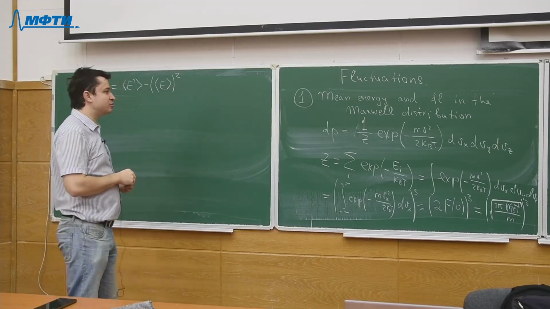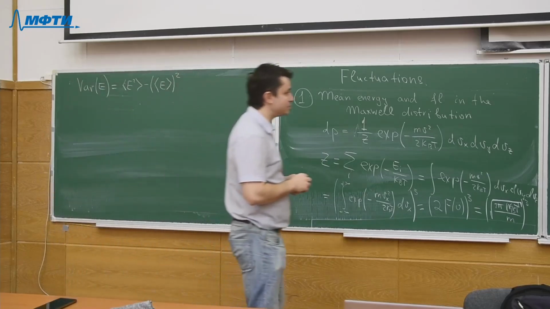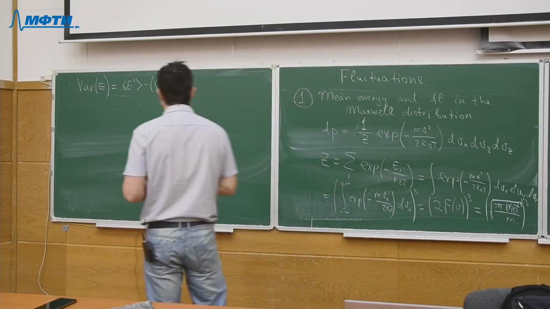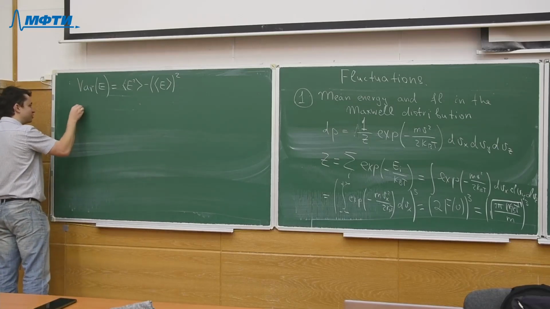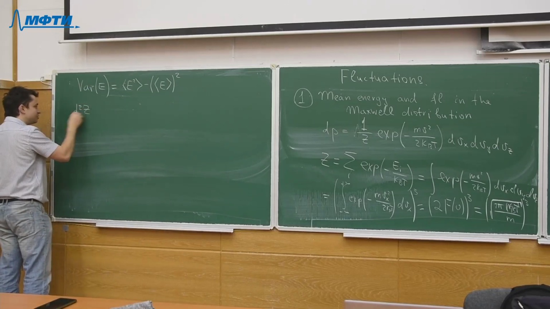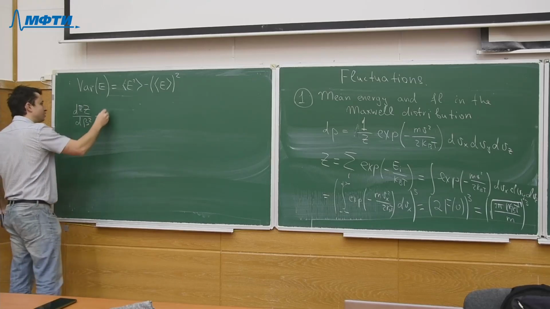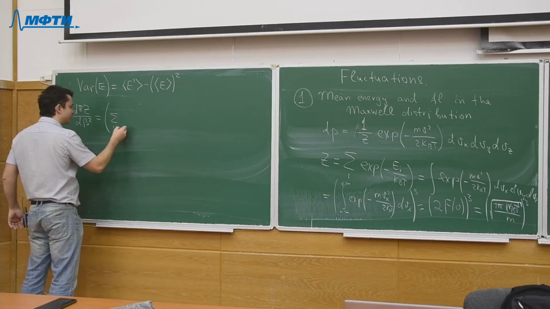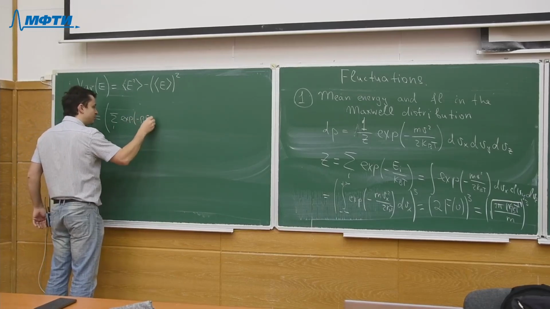So how are we going to determine the average energy squared? We are going to use the very same concept that we have employed previously for the definition of average energy. We are just going to calculate the second derivative of the partition function. Since the first derivative gives you something related to energy, then we should expect that the second derivative of the partition function would be something related to the squared energy. So we have here the sum of exponents.